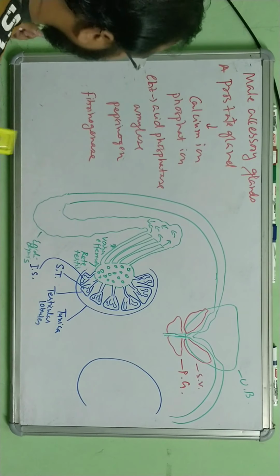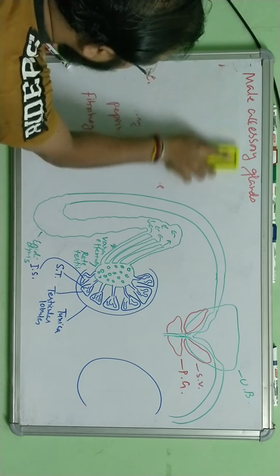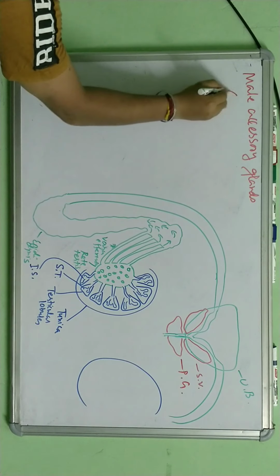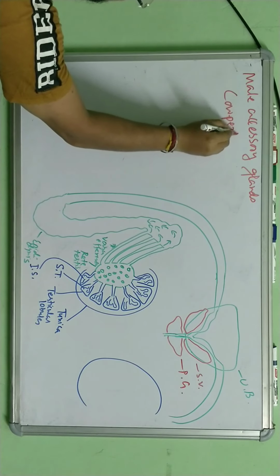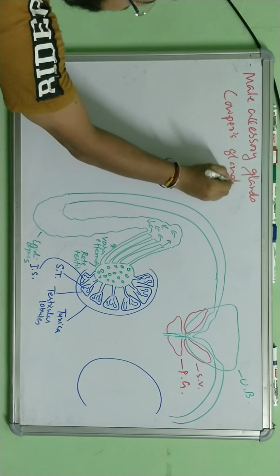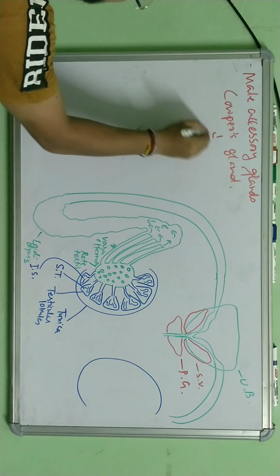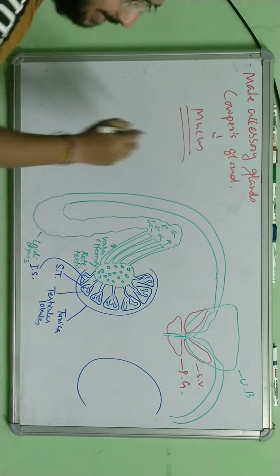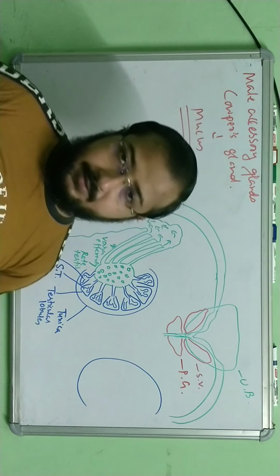Okay, move on to the next gland, which is the Cowper's gland or the bulbourethral gland. They mainly secrete the mucus. Okay, mucus, that is a lubricating substance.